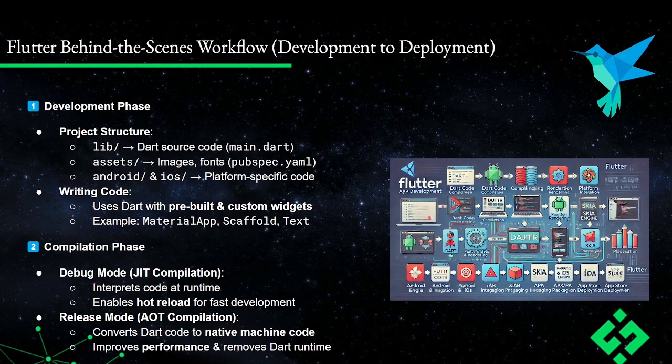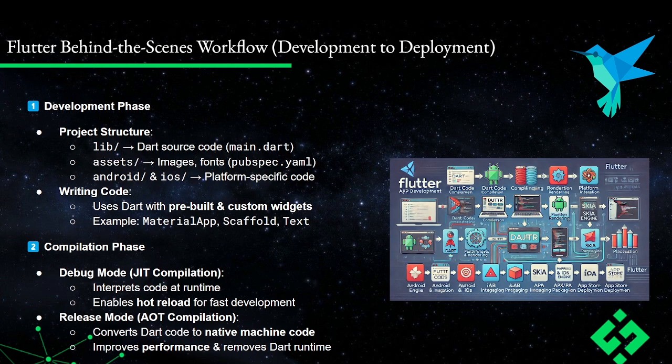Now the first one is the development phase. In the development phase, we decide the specific project structure and write the code using Dart with pre-built or custom widgets. In the second phase, that is the compilation phase, the compilation of the code that we have already written takes place. In the case of compilation, there are two types of compilation, that is the JIT and the AOT.